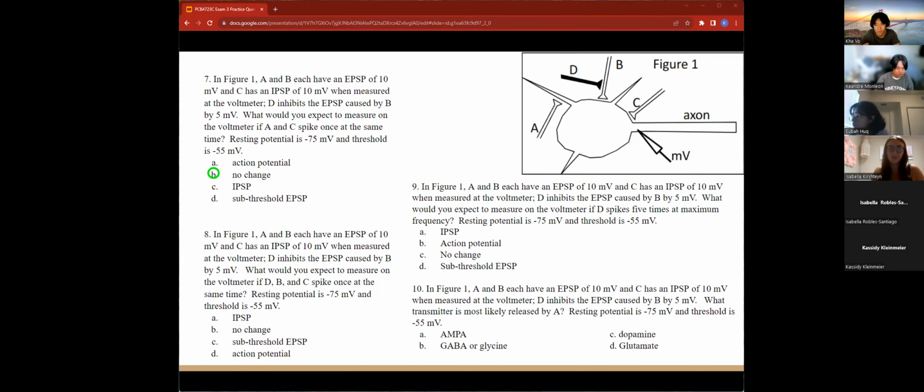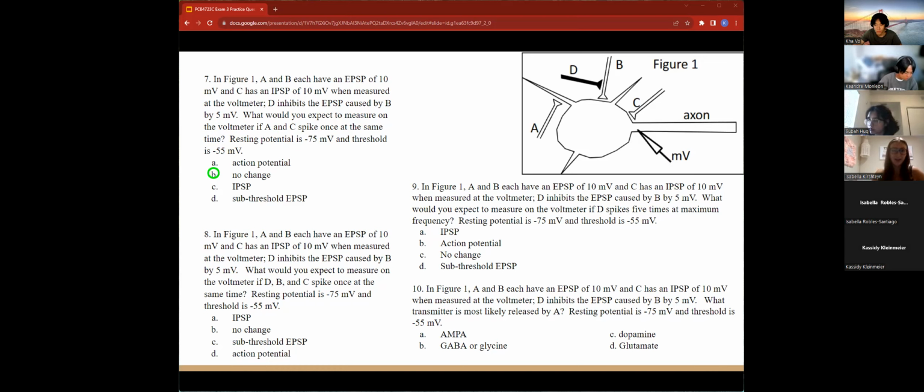It has a lot of information at the beginning that can confuse you. But when you get to the core of the question, what would you expect to measure on the voltmeter if A and C spike at the same time? Well, A has an excitatory effect of 10 millivolts and C has an inhibitory effect of 10 millivolts. So basically they're just going to cancel each other out and there's going to be no change.